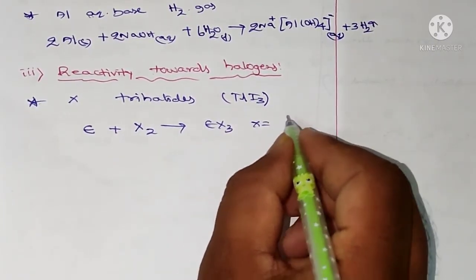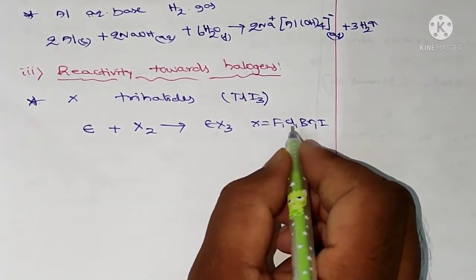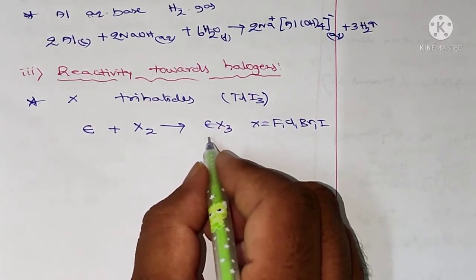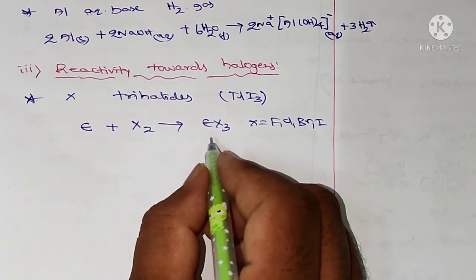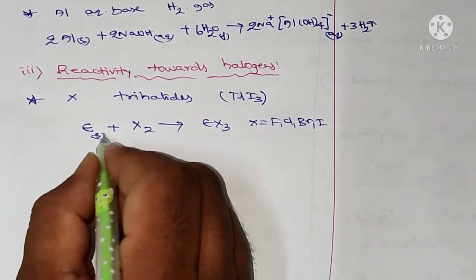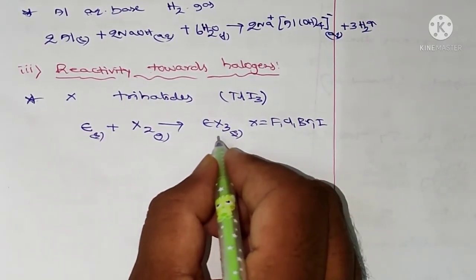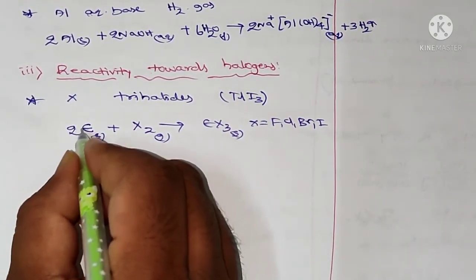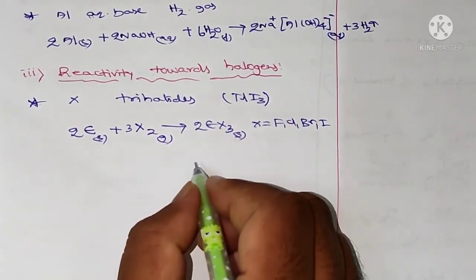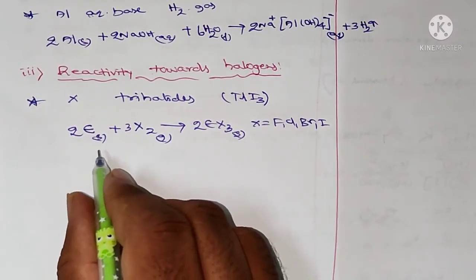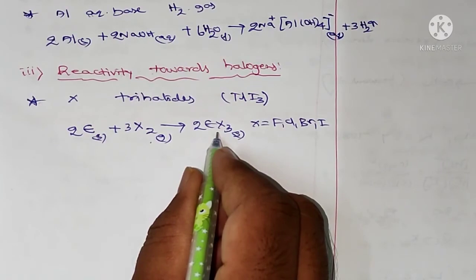Here X is fluorine, chlorine, bromine and iodine, and E is boron, aluminium, gallium, indium, thallium. It is a solid, a gas, and a solid. Balance the equation: here 2 and 3, then here 2. So the 13th group elements react with halogens to give the trihalides.